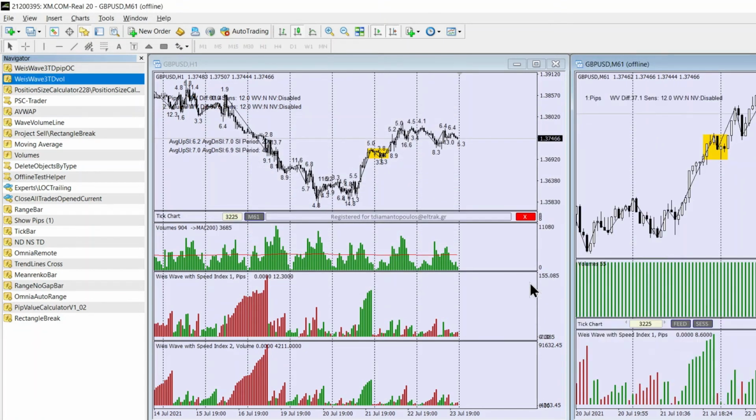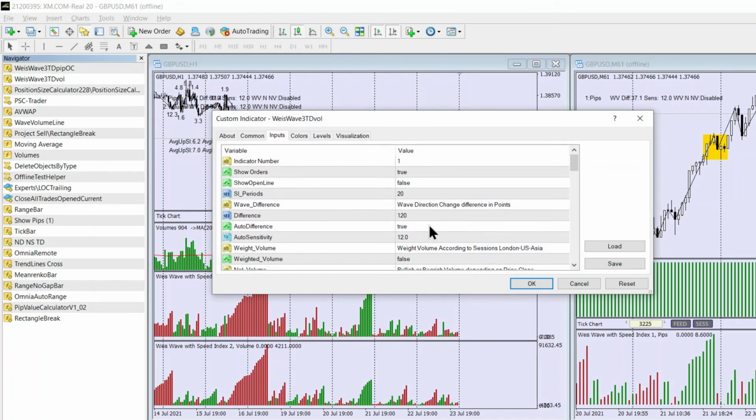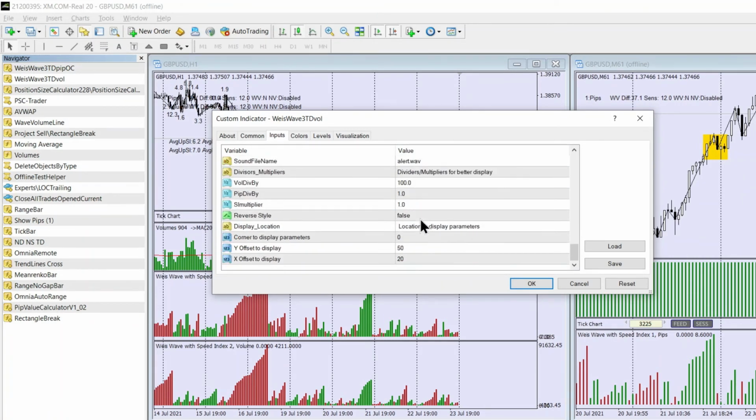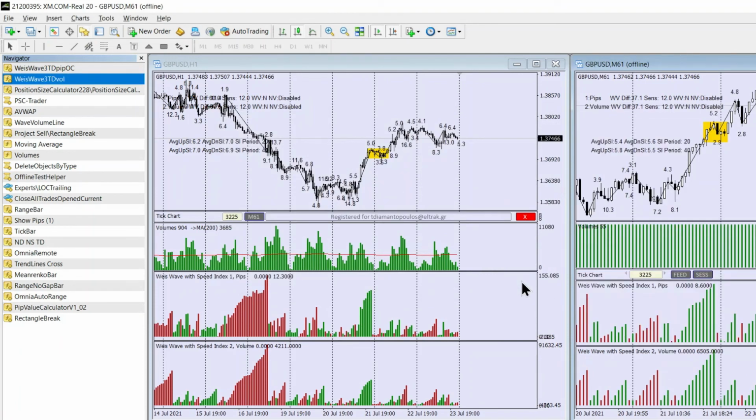And let's also put the volume. Indicator number 2. Display speed index, yes. Display signals, false. Volume is default. Let's make that 70, the offset. And we got both.